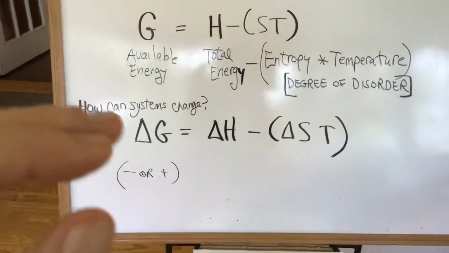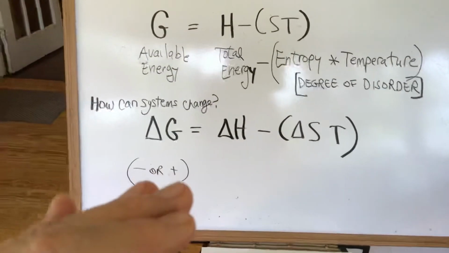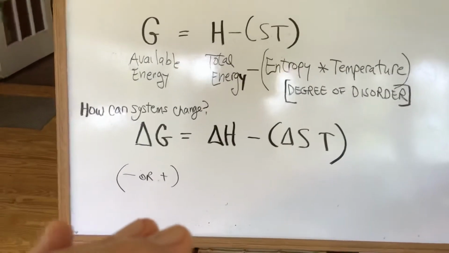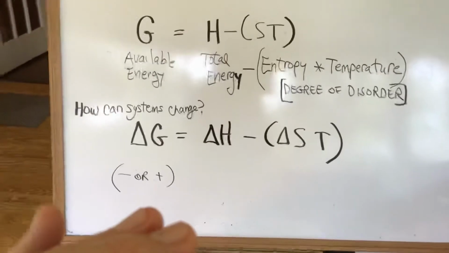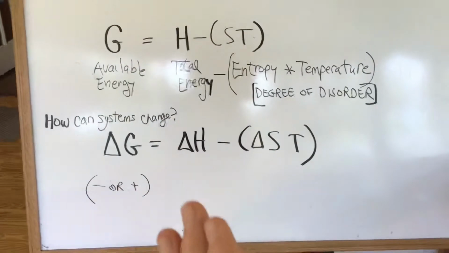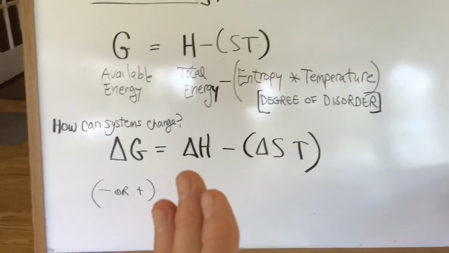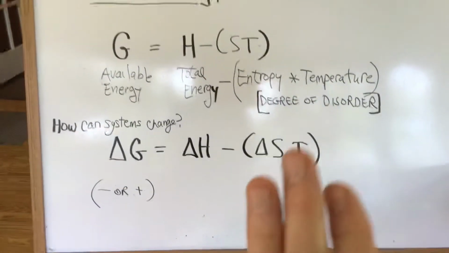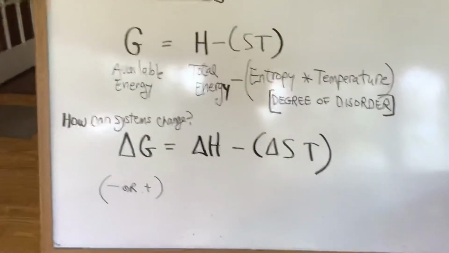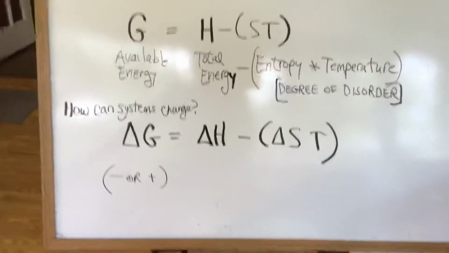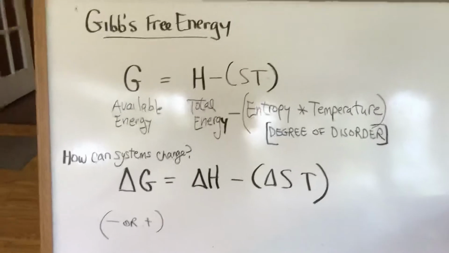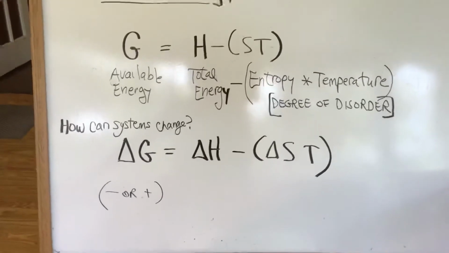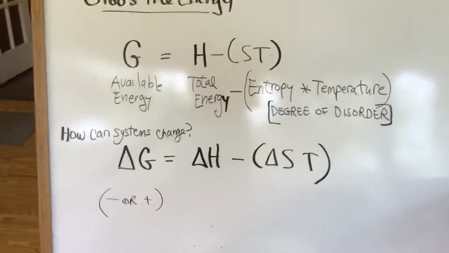So what they usually do, though, is they use the change in Gibbs, or the change in free energy, to describe different systems. And that would be equal to the change in the total amount of energy of the system minus the change in entropy term. All right. So let's say, for example, I start off with molecules that have a lot of energy, and then the system is exergonic and it is running downhill.